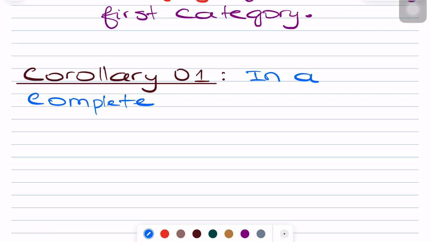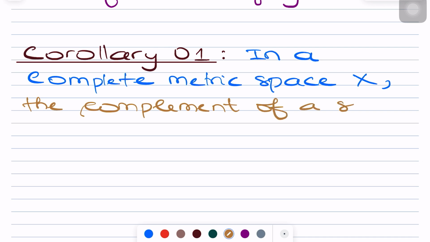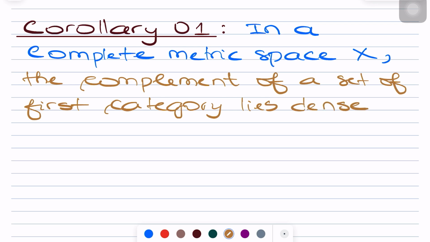In a complete metric space X, let me put it in color, the complement of a set of first category like this in X. Okay, let's have a look at the proof.